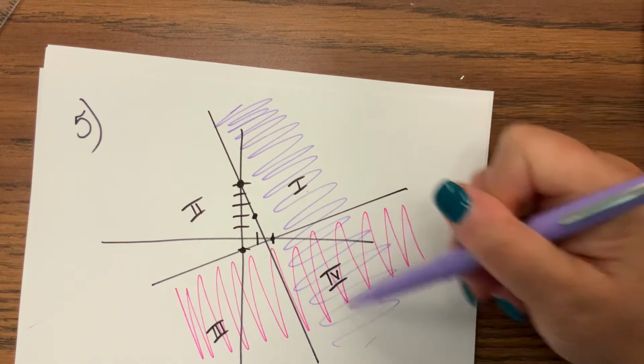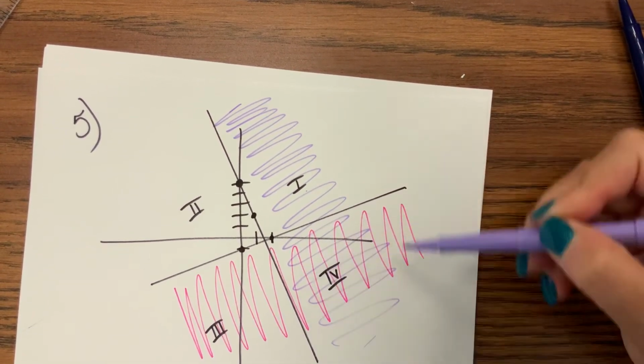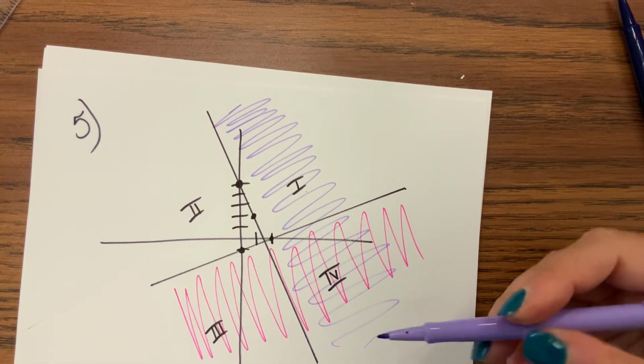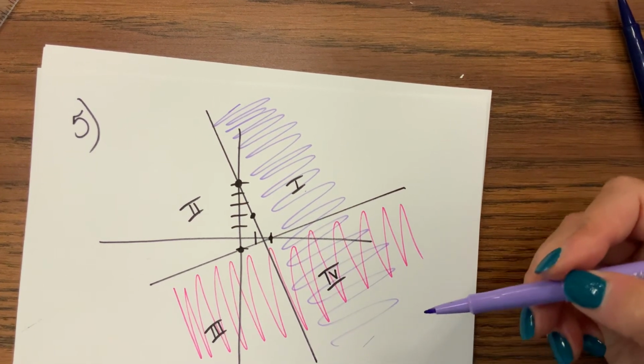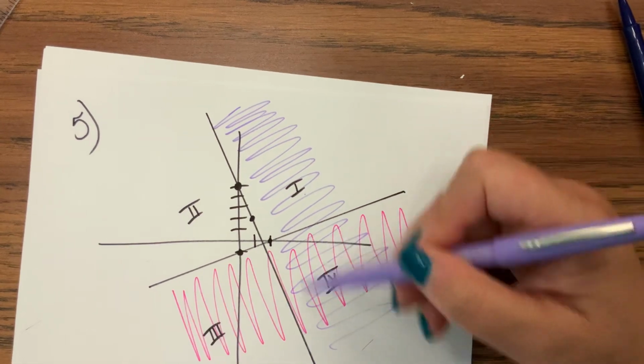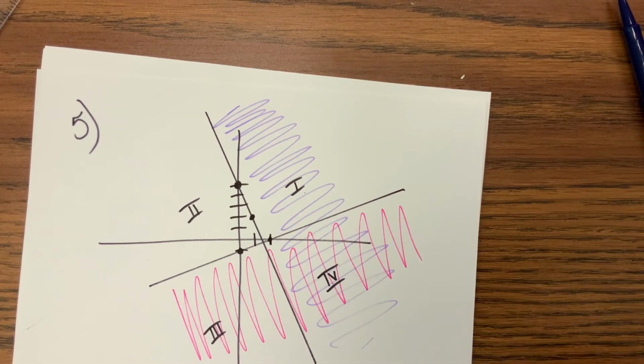And so on my picture, where the solution of the 2 lines would be is in quadrant 4. So then you look at the one that they've given and you determine where would the shading be and which quadrant would they share. And that's your solution. So my answer would be quadrant 4.